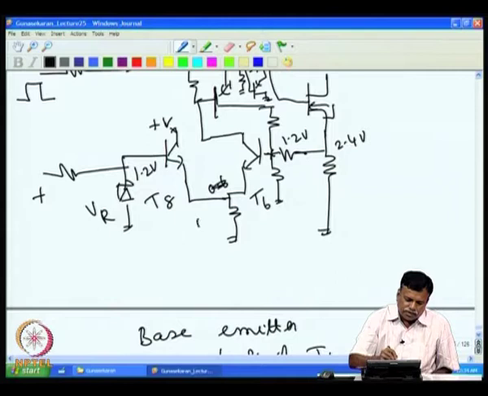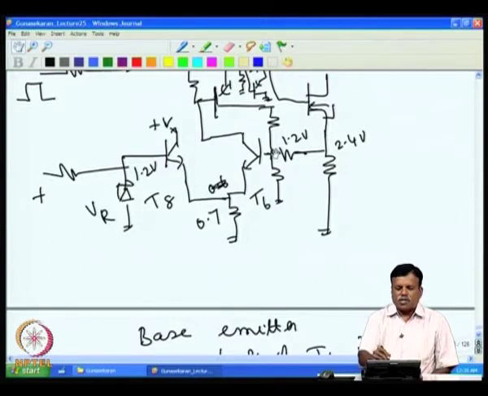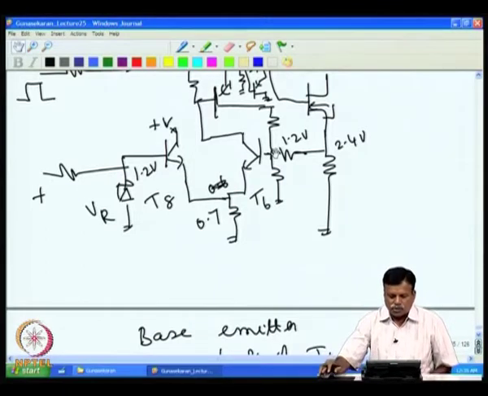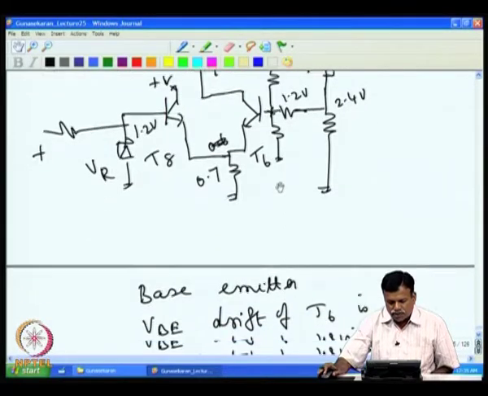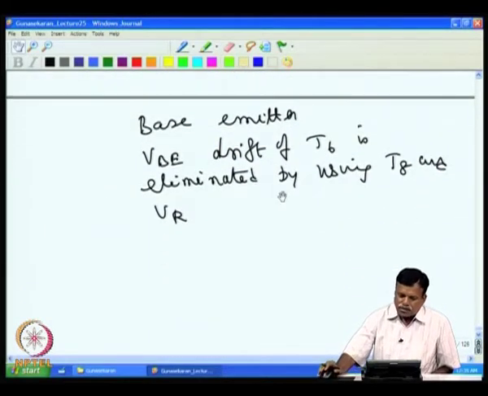At high temperature this will shift to 0.7 because it needs only 0.5. So, this will stay at 0.7, and again this also needs only 0.5 volt. So, at high temperature it will limit only at 1.2 volt. So, temperature drift has no effect on the current limiting.